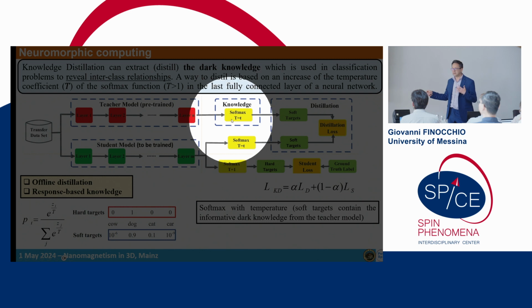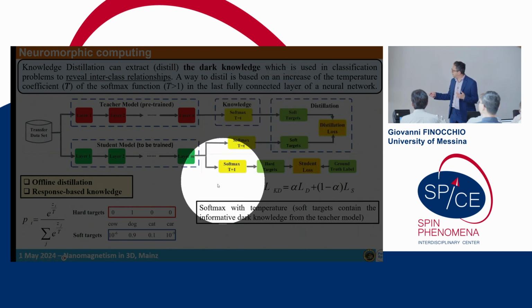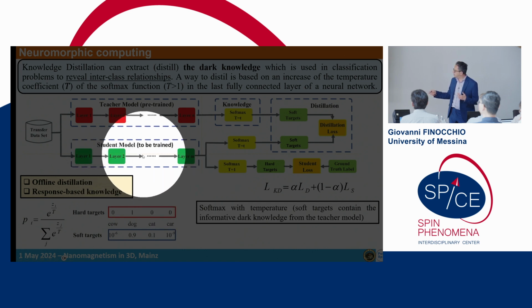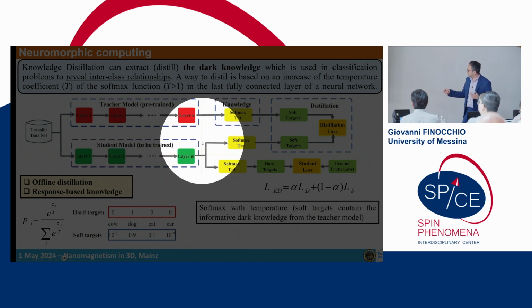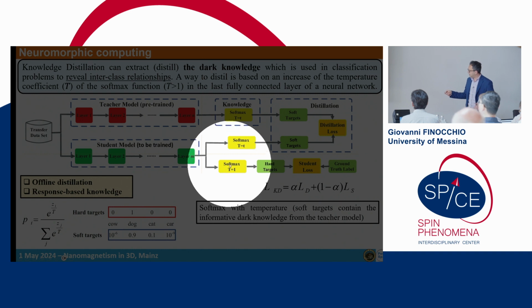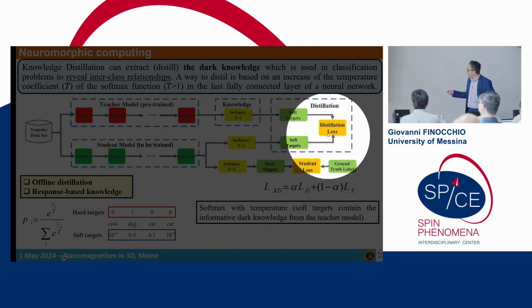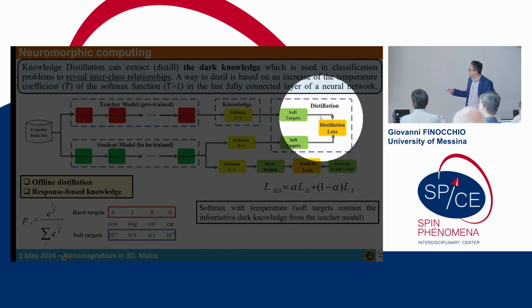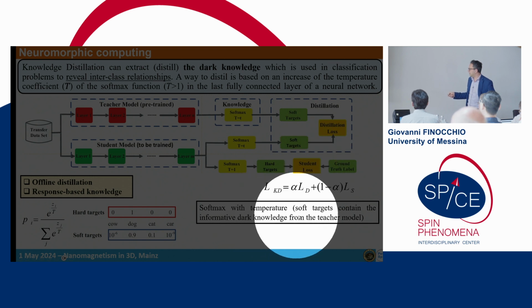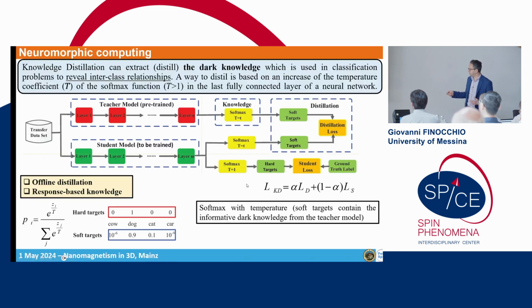So we have dark knowledge, and this can also be dynamic. Then we have the student model, from which we extract the same dark knowledge and also the hard knowledge, which are the targets. Then we have a combination of the loss from this and the distillation loss, and we can weight this dynamically too.